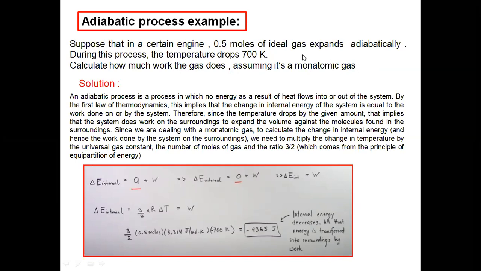إذا عندنا monoatomic gas. أوكي، احنا بنعرف أن adiabatic process تعريفها is a process in which no energy as a result of heat flows into or out of the system. إذا ما في عندي energy نتيجة إنه ما في heat تدخل أو بتخرج للسيستم.